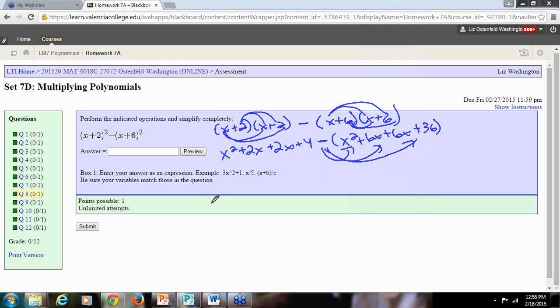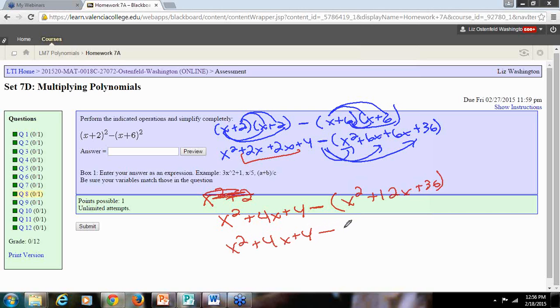So this first part I'm just going to bring down x squared plus, this is really 4x plus 4. And this is going to be minus x squared plus 12x plus 36. I know I'm writing a lot, guys, but I like to show everything. So it's going to become minus x squared, minus 12x, and minus 36.